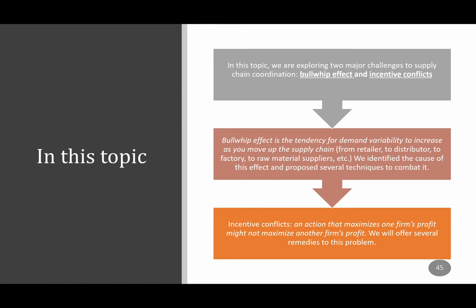So in this module of supply chain coordination, we explore two major challenges to supply chain coordination. The first one is the bullwhip effect, which is this increase in the demand variability. And once we have that increase in the demand variability as we're moving up the supply chain, the supply chain performance is not optimal.